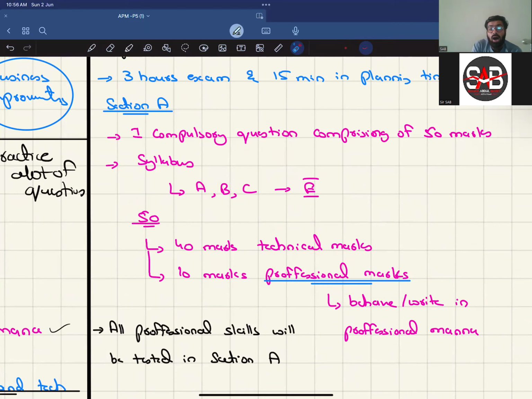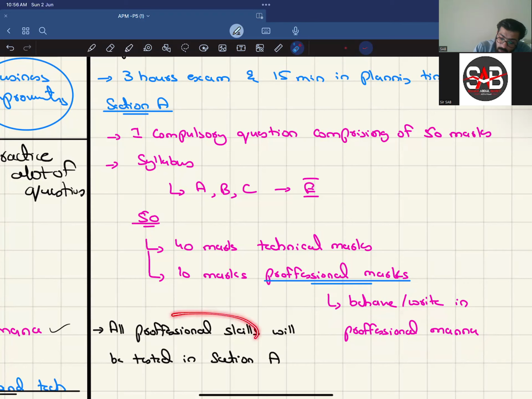So how do you get the 10 professional marks? It's simple: write in a professional manner. You have to focus on the formats and on the queries the examiner has raised. If you have addressed them in a logical flow, you can get the professional marks. Which professional skills are tested in section A?